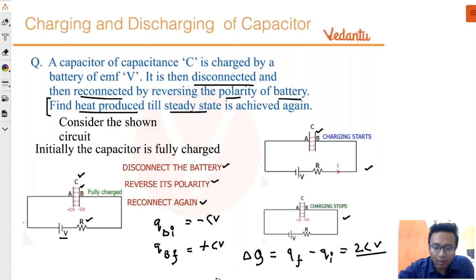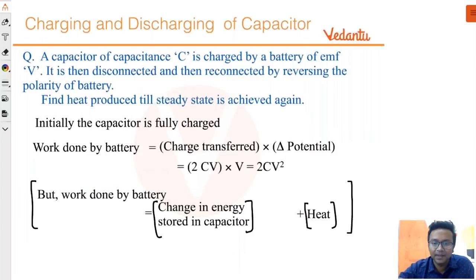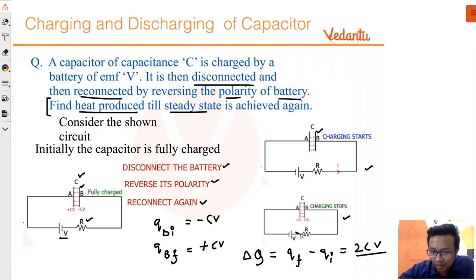Now, in that case, the work done by the battery is going to be what? It is the charge pumped by the cell, 2CV, across how much potential difference? If you see here, the current goes this way after you have reversed it.